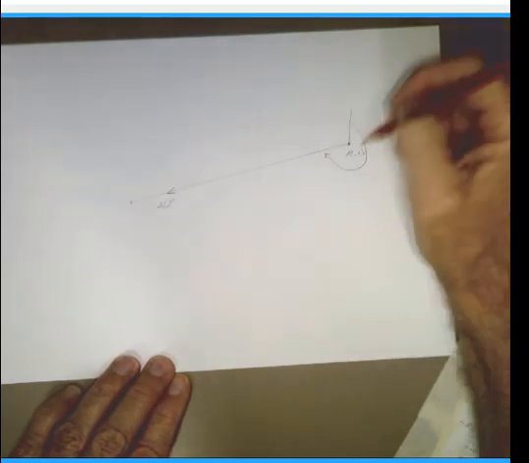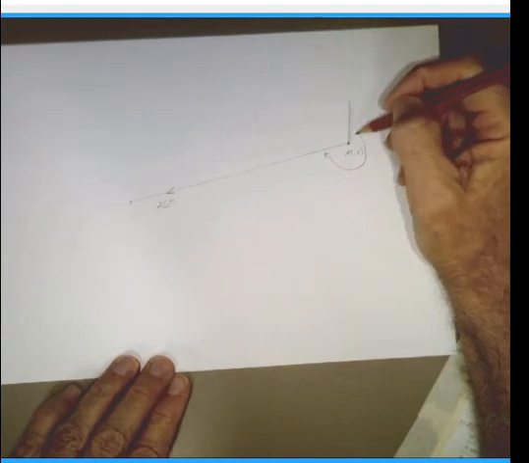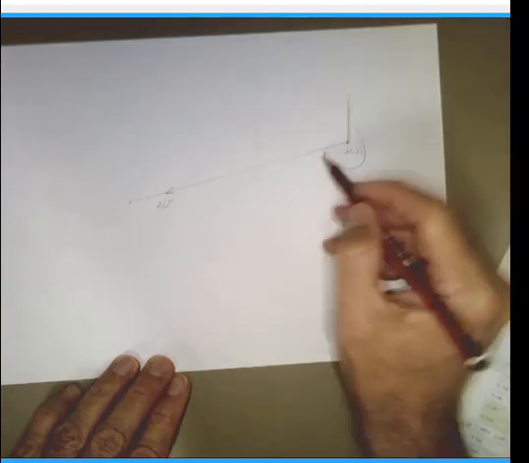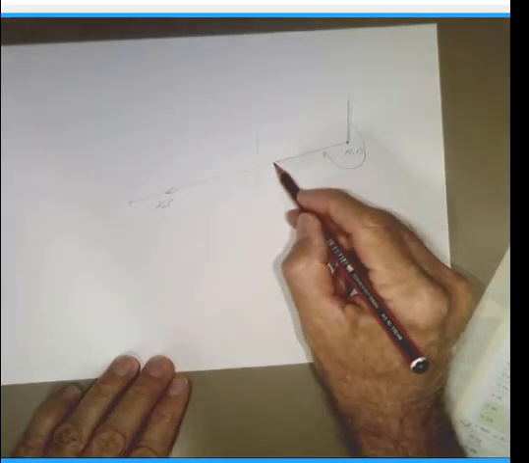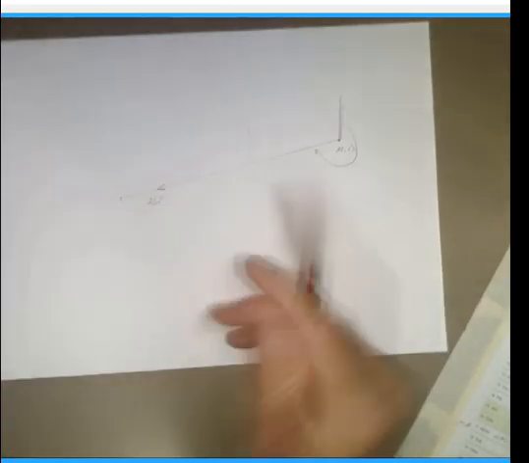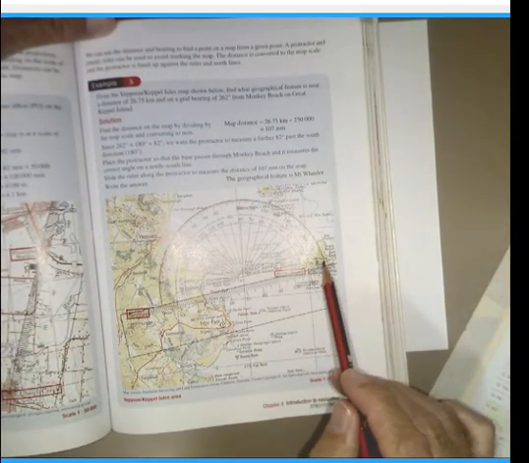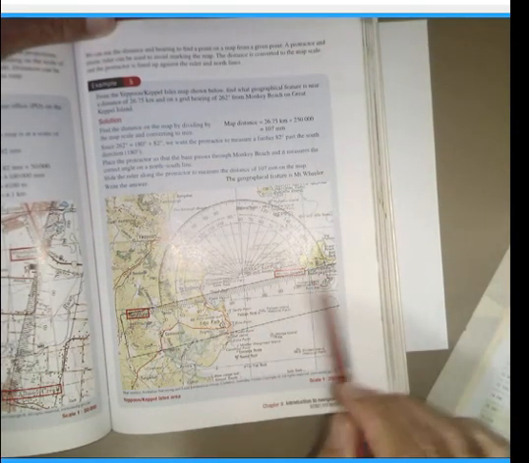As I said before, the grid lines are all parallel, so it doesn't matter if I use that grid line there or this grid line here. This line is always traveling at the same angle. So you'll see the protractor isn't placed on Monkey Beach, it's just placed somewhere along that ruler, because everywhere along there the line's traveling at 262.